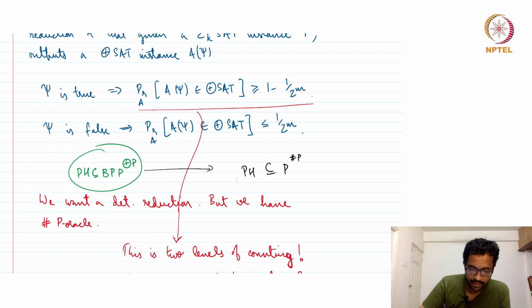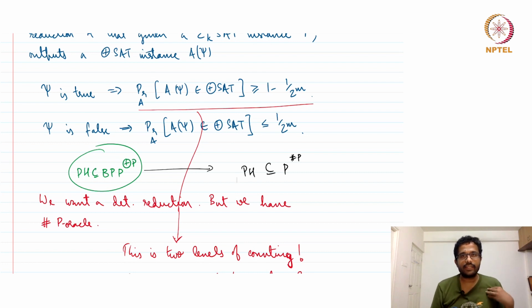So A psi is in parity set with a certain probability, right? A psi being in parity set itself is saying that the number of satisfying assignments for A psi is odd or even, right?